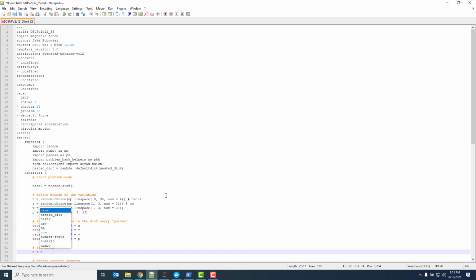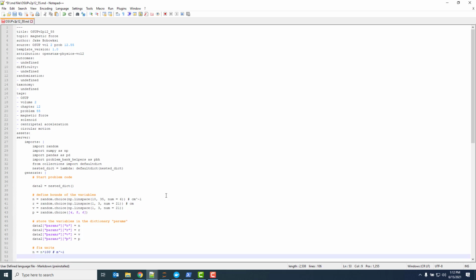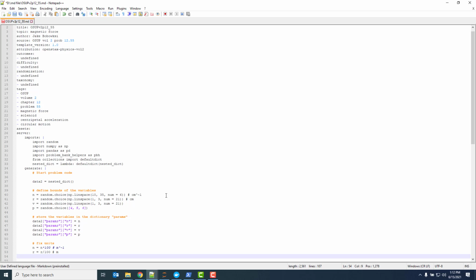We're going to multiply by 100 centimeters over a meter, so we get times 100, and then we can let ourselves know that we've converted the units to inverse meters. The radius is in centimeters, so we'll divide by 100 to convert that to meters. And the velocity is going to be the coefficient times 10 raised to whatever the power is. After we've done that, we'll have our velocity in units of meters per second.